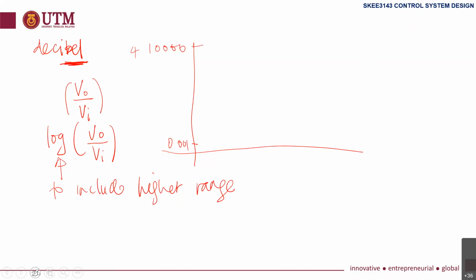Then deci. Deci is actually 10. Decimal, decimeter, all 10. Deci refers to 10. So decibel, if we combine, becomes 10 log V naught over V in.